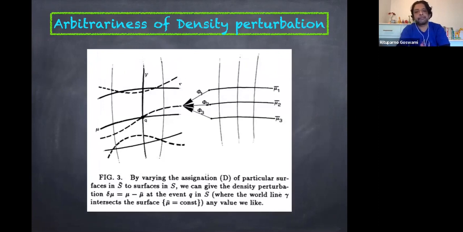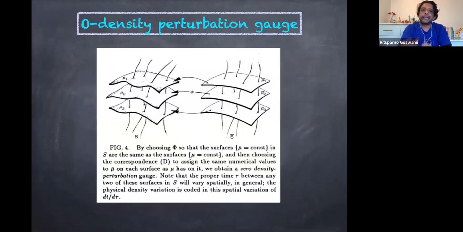But from other points, we'll have to define different proper times to make the delta mu zero. So in other words, although we have density to be constant in the mapping, the proper time between two points in the realistic universe will now be different, and that's exactly where the inhomogeneities come in.